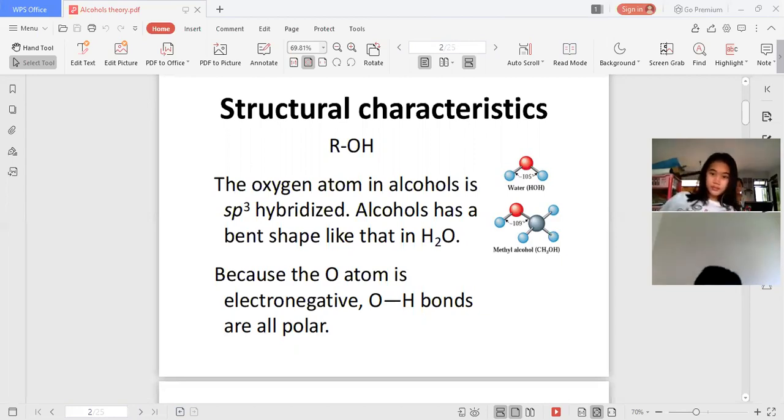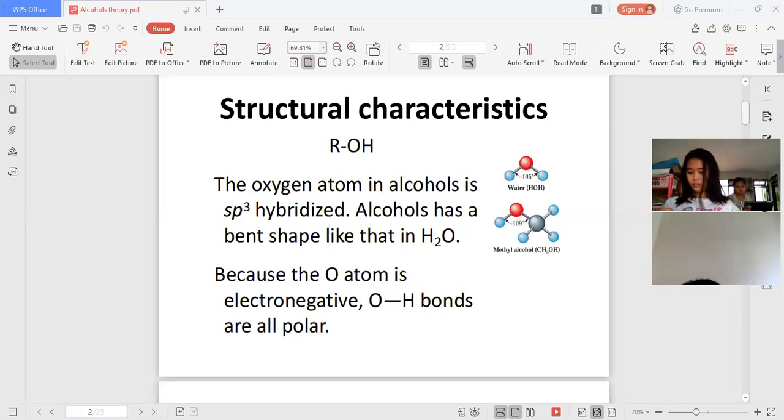Polar means there is an electronegativity difference between oxygen and hydrogen. Oxygen is very well known to be an electronegative element, while hydrogen is an electropositive element. Hydrogen has a tendency to lose electrons, but oxygen has a tendency to gain electrons. So that's why it is polar.